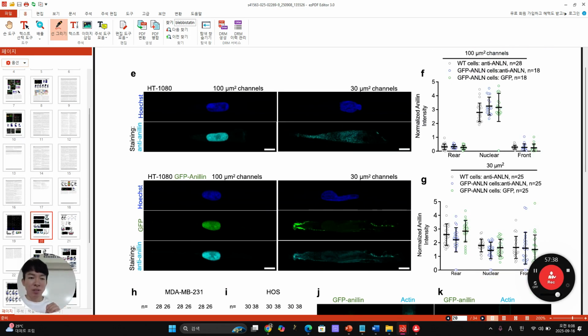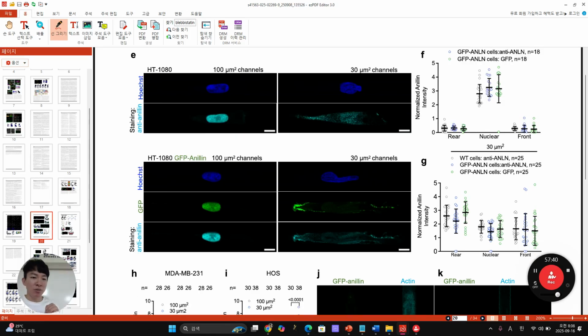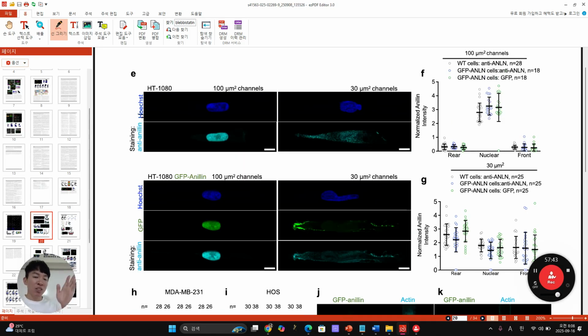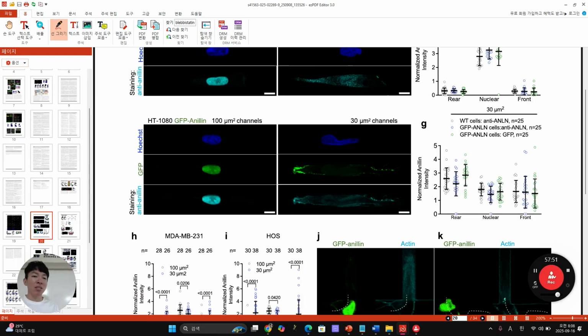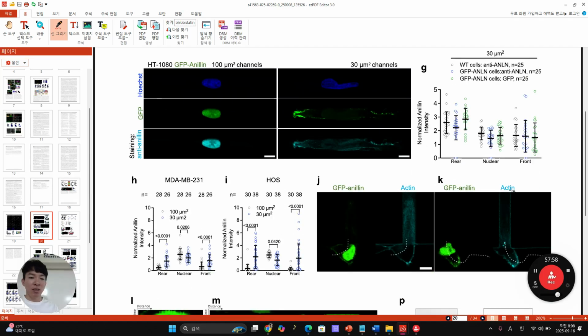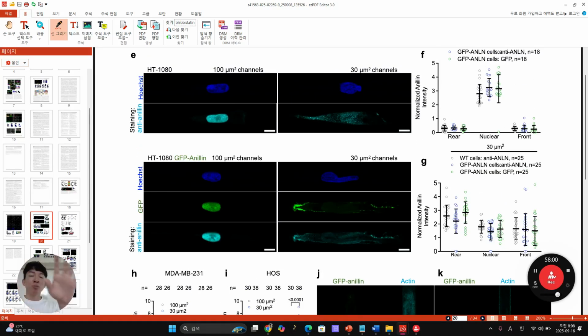This one is just normal cells with anillin staining. They added GFP-anillin and overexpressed anillin, then stained them and checked by GFP. They detect very similar results, right? And this proves their concept. When you overexpress this GFP-anillin, it is similarly happening.